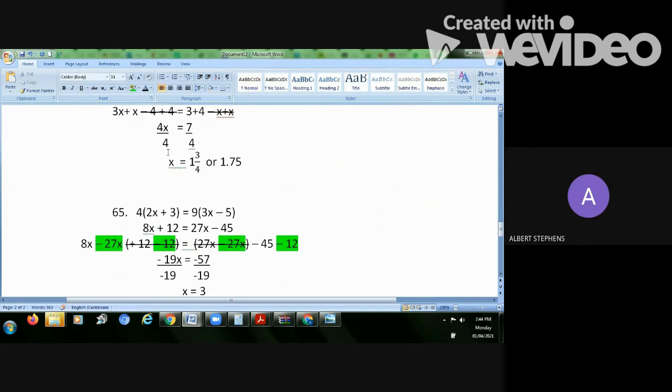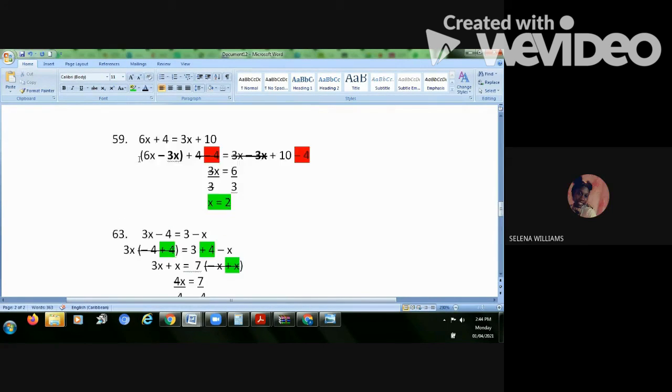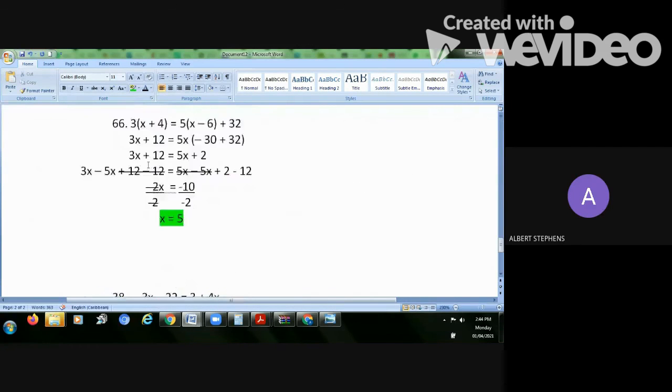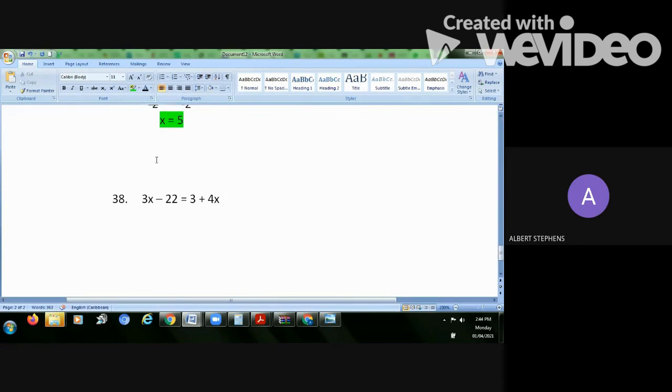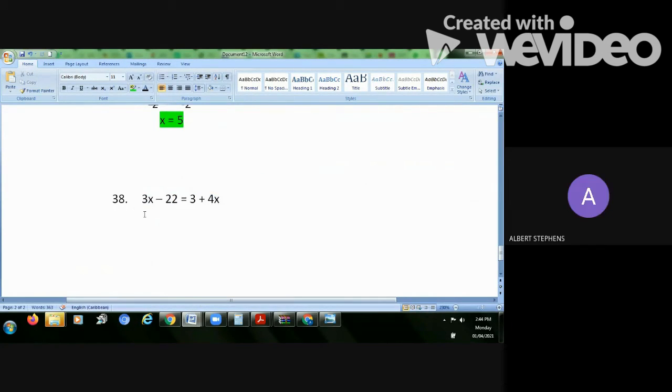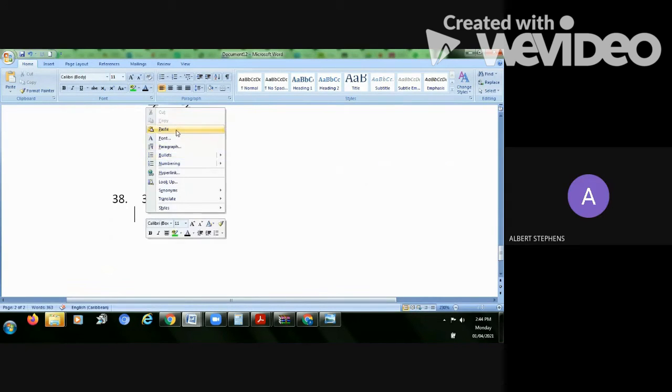In all the questions, x is always on the left hand side, every single one of them, all the unknowns. But I'm going to show you a question where it doesn't have to be on the left. It can also be on the right. So watch carefully. I chose to put it there, left. No man, you can put it anywhere you feel like.